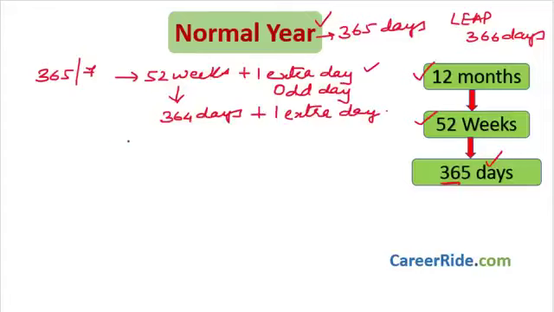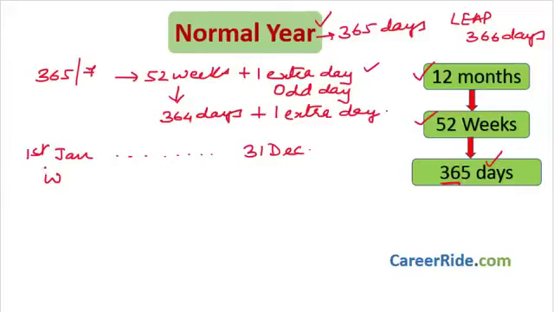I'm sharing this information because right here a direct question gets formed in the exams. The question is, if a year begins on, say, 1st January falling on Wednesday, right, what will be the day on 31st of December of the same year?